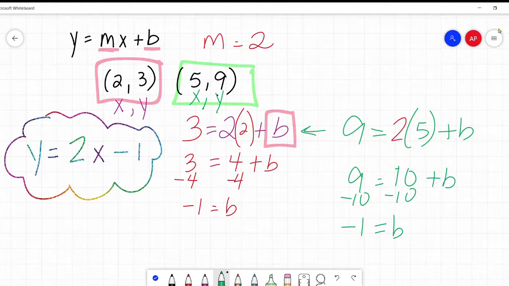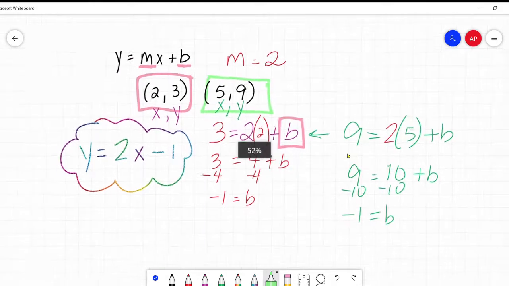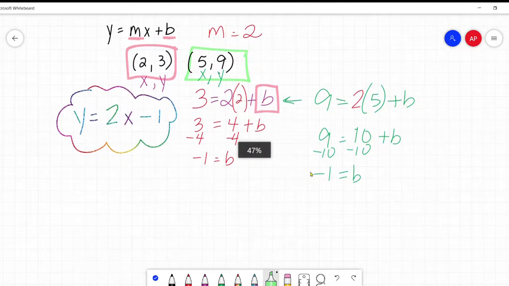Now, something to note, I've seen a lot of students do this: after they plug the x and the y in and solve for b, there can be some confusion about how you get your final equation. They're like, oh, okay, so now I know b is -1, m is 2.